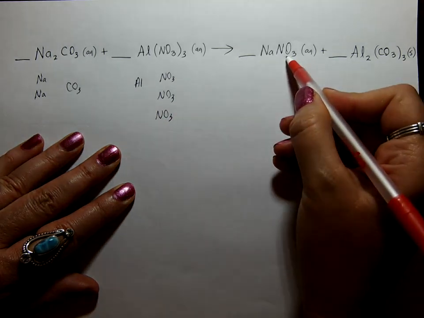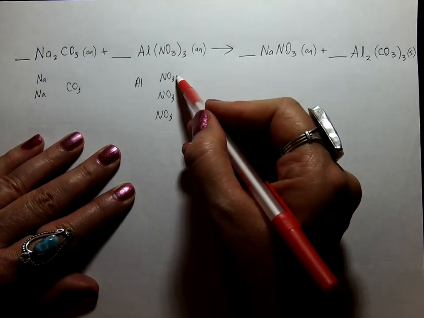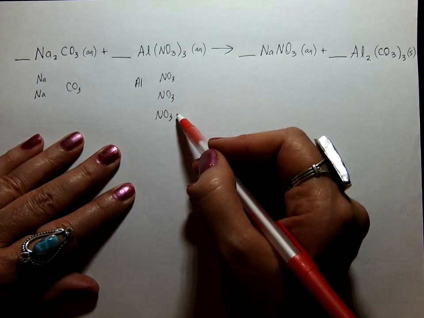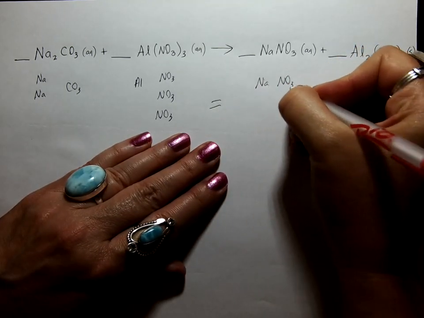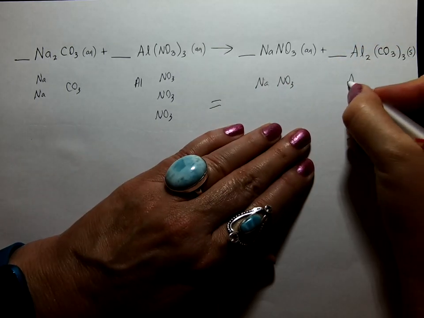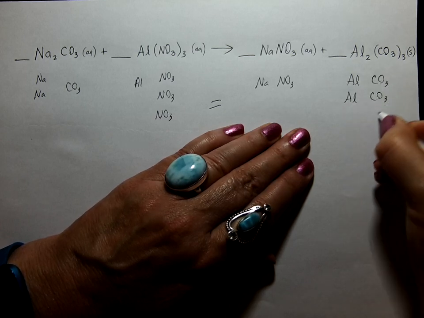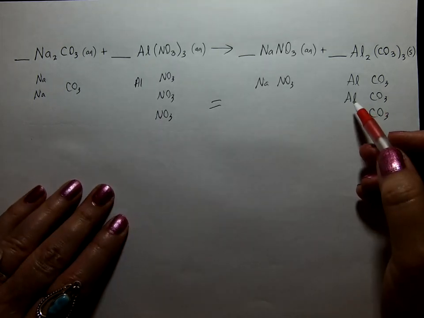Again, because I have NO3s on the other side, I can balance them as a group. 1 NO3, 2 NO3, 3 NO3s. Now it has to be equal to an Na and an NO3 on this side, plus 2 aluminums and 3 CO3 groups. 3 CO3s, 2 aluminums.